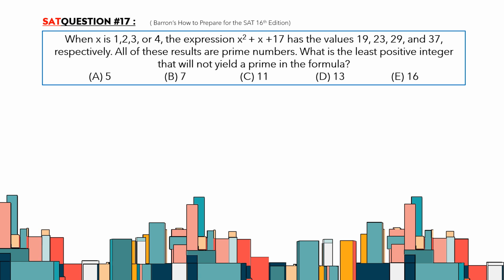So we know that a prime number is a number which can only be divided by itself and 1 without remainder. And the smallest prime number is 2.